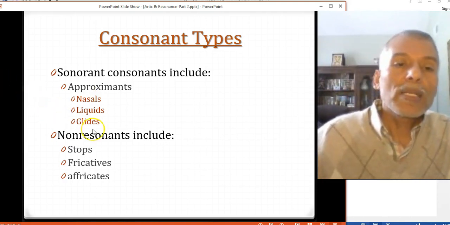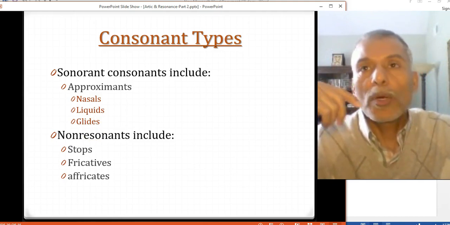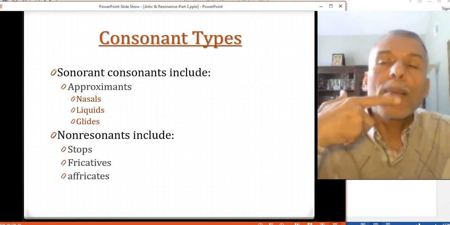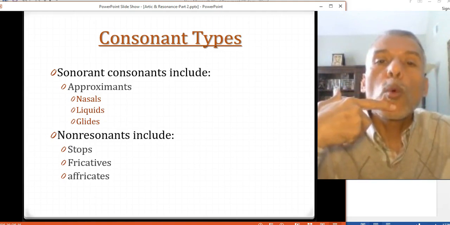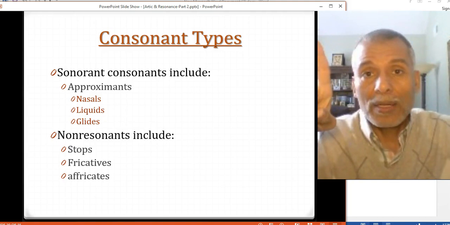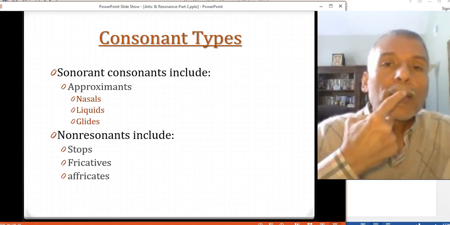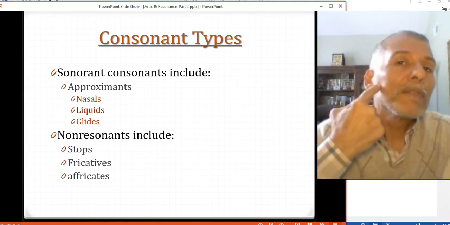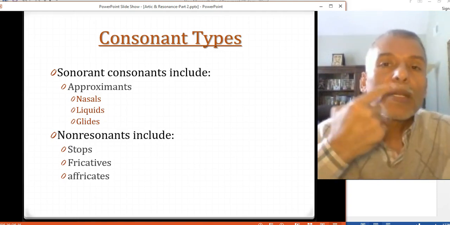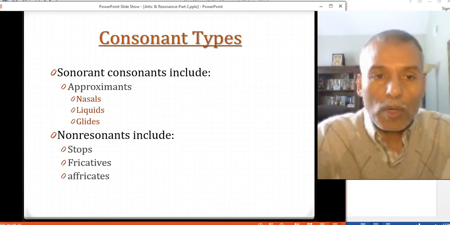And then the glides are two, which is the w and the y. So w is a voiced bilabial, and it is the single sound that has two placements in English: bilabial and velar. So voiced bilabial velar glide.